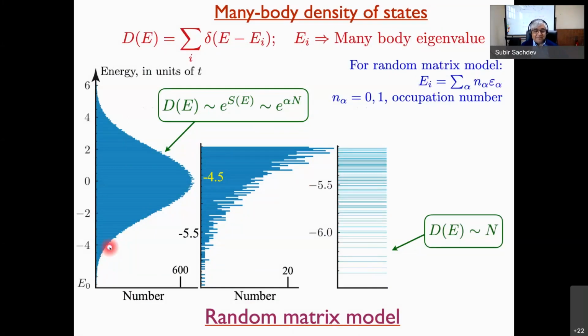Surprisingly, there is actually relatively little known about the shape of this curve, especially in its tails. But in the middle, it's easy to see that this many-body density of states is just e to the entropy, which you can compute by the usual Sommerfeld expansion of a Fermi liquid. And so that's exponentially large in n.